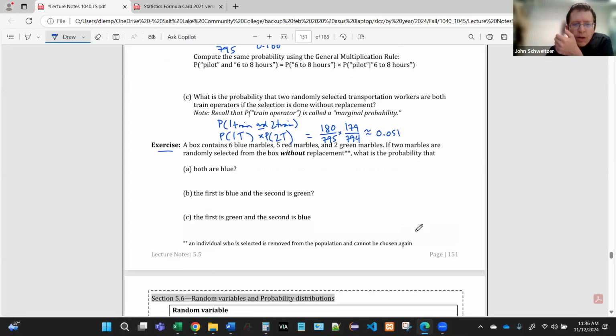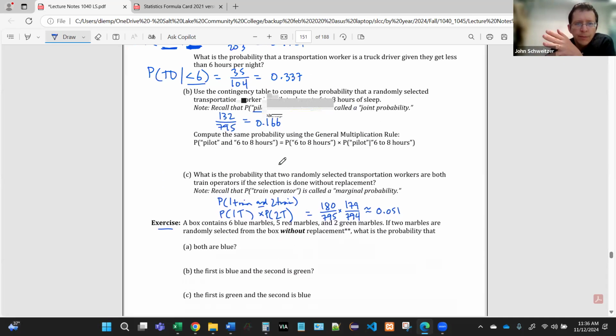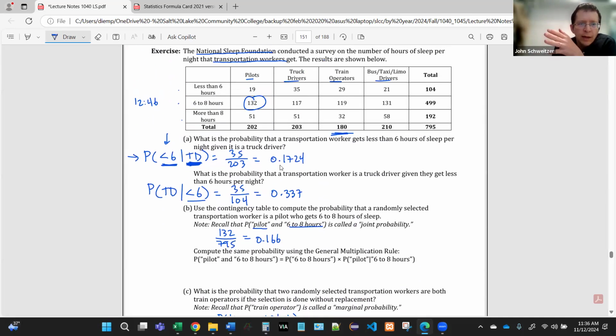Okay. All right, so you guys try one more of these. I don't think we did this one last time, but on your fourth exam, you will have at least one of these contingency tables, and you'll use it to calculate probabilities. So stuff just like this.